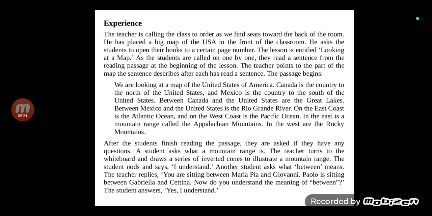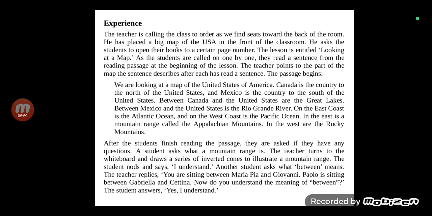The lesson is entitled Looking at a Map, as the students are called on one by one. They read a sentence from the reading passage at the beginning of the lesson. The teacher points to the parts of the map the sentence describes after each has read a sentence.